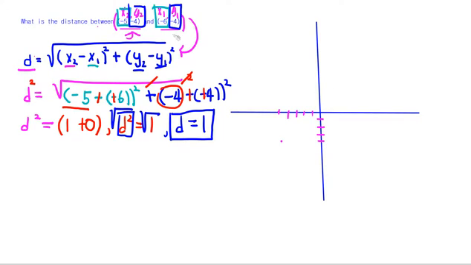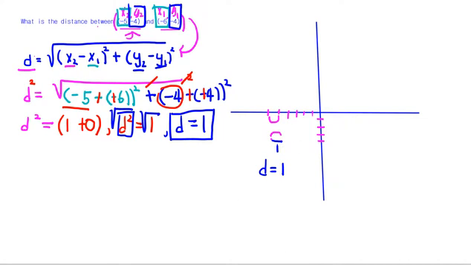And negative 6 comma negative 4, we're going to go 1, 2, 3, 4, 5, 6, and then negative 4. So we can say that it is just 1 far away because the y values are the same. So we can see that the distance should be equal to 1. This value, if you connect the line, is going to be 1.